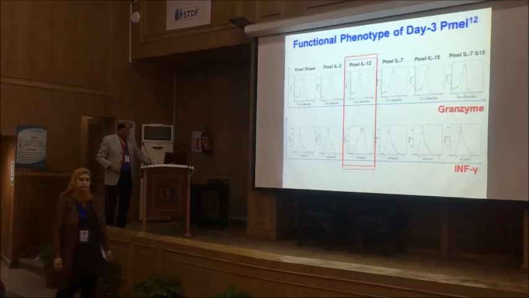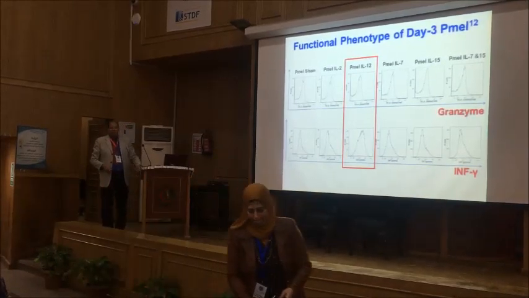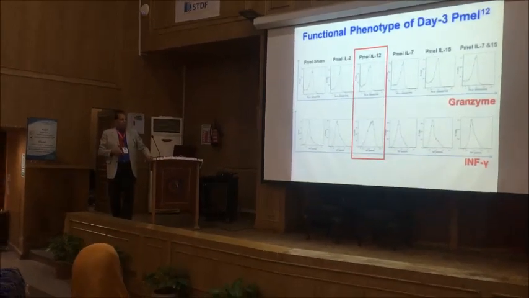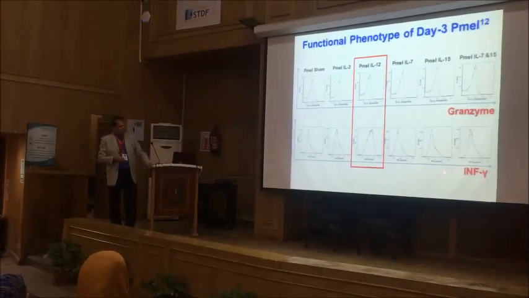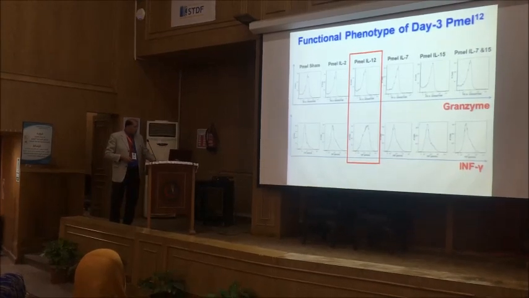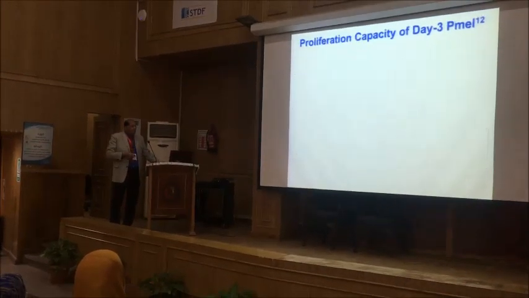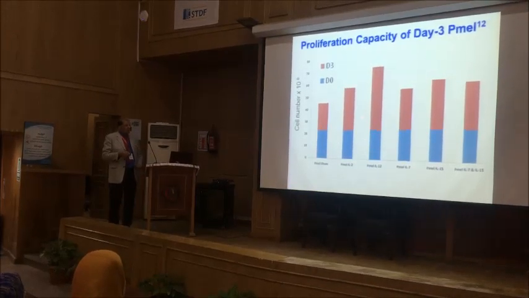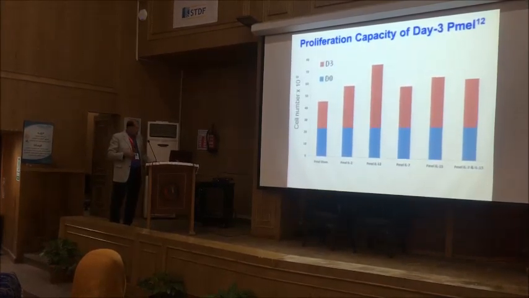The same when we looked at granzyme and interferon gamma, which are the cytolytic mediators of CD8 T cells. Especially interferon gamma is expressed much better than in the other groups. The same with proliferation with IL-12 on day 3.